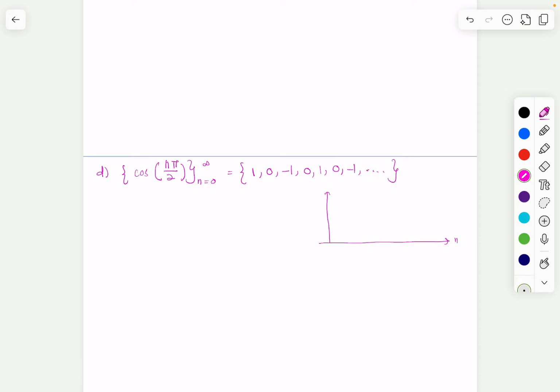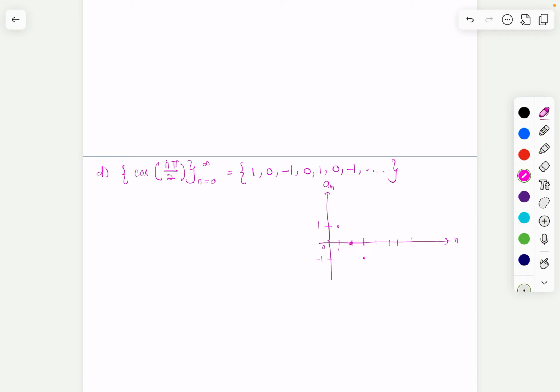This is n, this is a_n. So first, second, okay, it also has negative parts. So the values are 1, negative 1 and 0. The first term when n equals 1 is 1. Second term is 0.